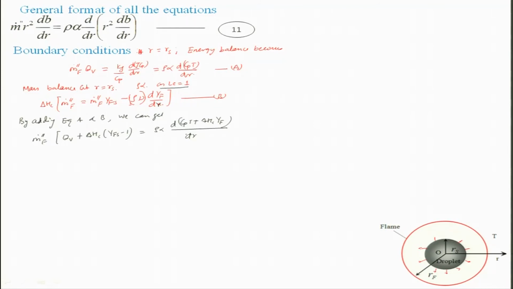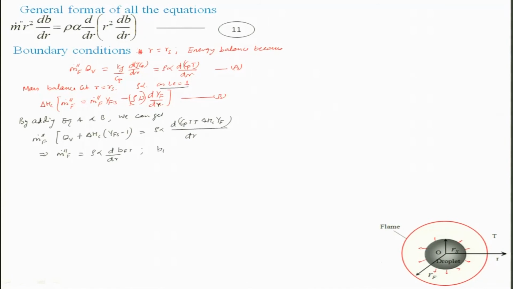What I will do, I will divide this equation. I can get basically rho alpha d by dr of bft, right. How is it?